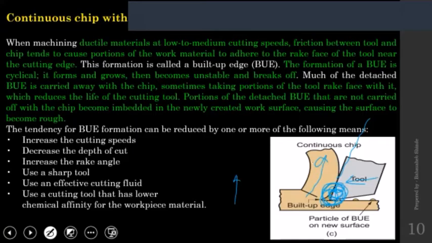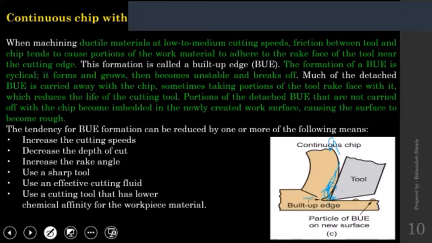After a certain limit has been reached, what will happen? That accumulated material over here will stick to the chip that is being formed. It will start accumulating, and at one instant it will stick to one surface of the formed chip and go away with the chip.